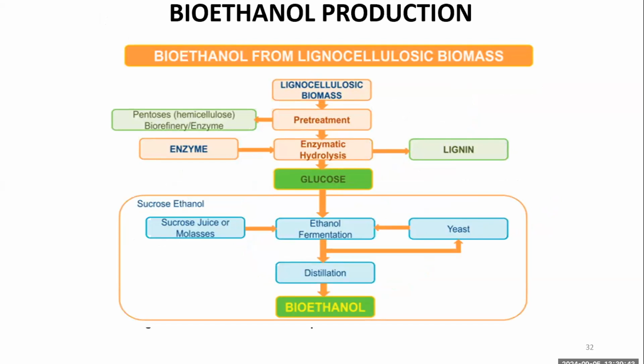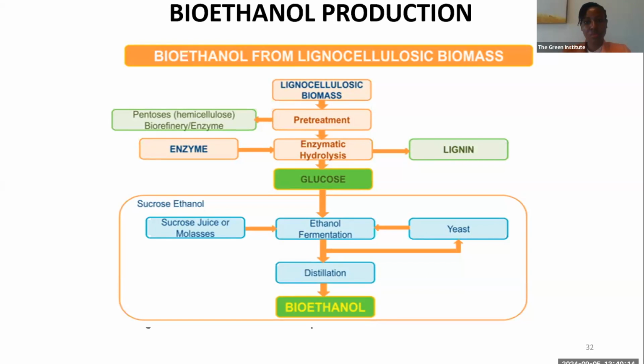In producing bioethanol from lignocellulosic biomass, the lignocellulosic biomass undergoes pretreatment and enzyme digestion. Now, enzyme hydrolysis can remove lignin. Remember, in lignin, cellulose, and hemicellulose, we still have glucose. The difference here is just the bonding.